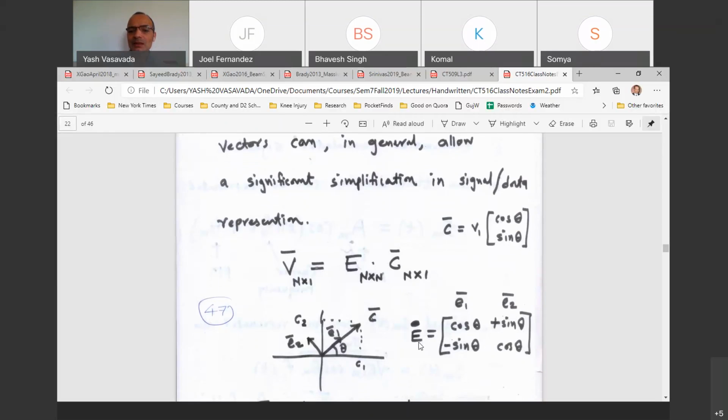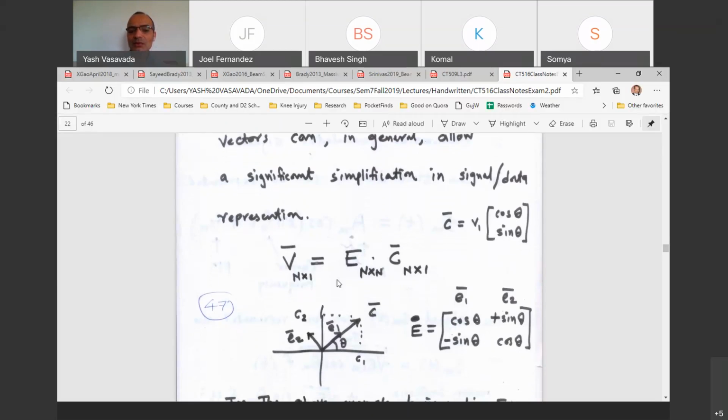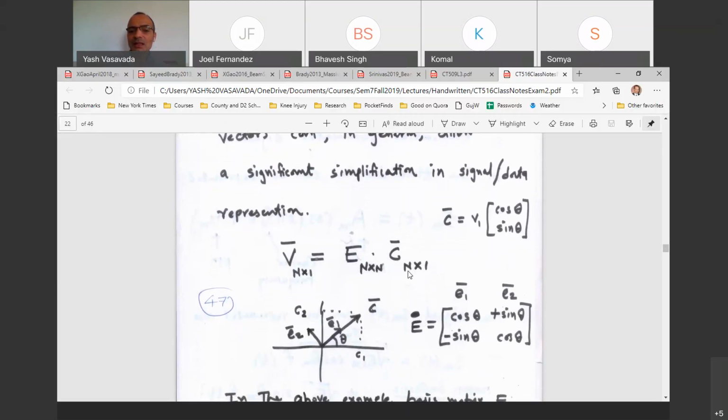We saw that the corresponding basis matrix E would have these cosine theta, sine theta terms. If we do this type of transformation, then our coordinate axes get rotated by theta.